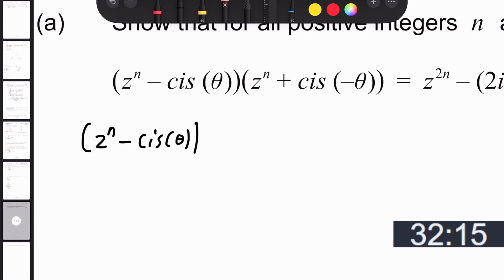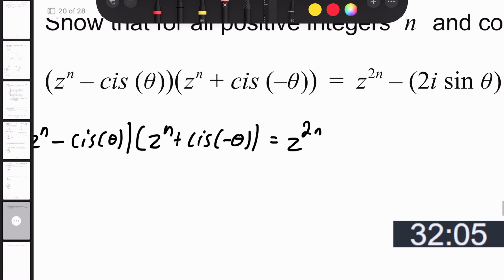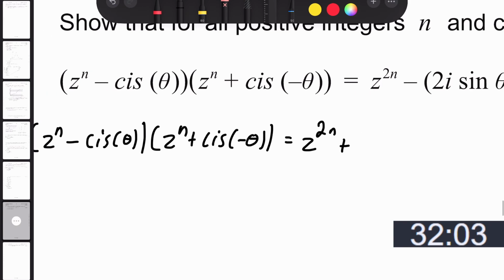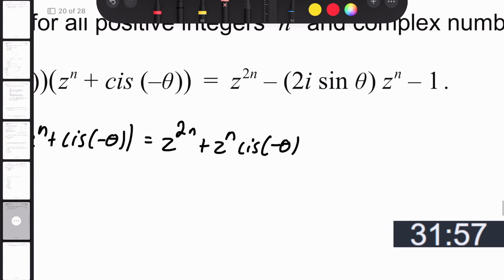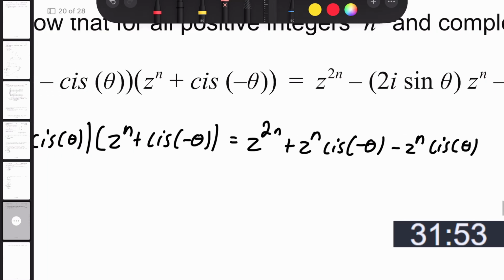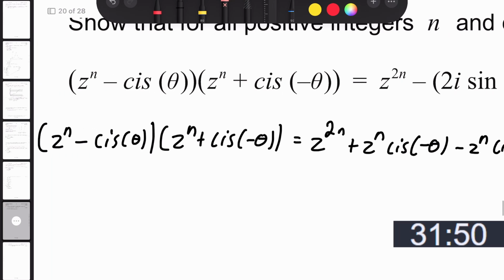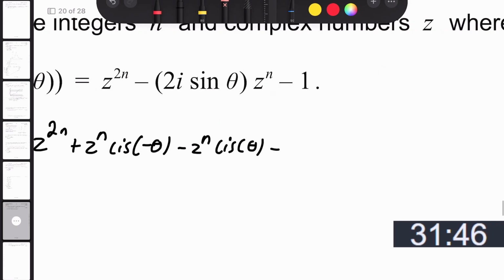Zn times cis of theta plus cis of negative theta, equal to, so we're going to get Z2n plus Zn cis of negative theta minus Zn cis of theta plus cis of 0, or minus cis of 0.